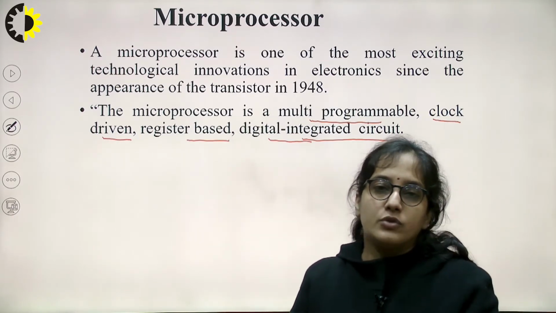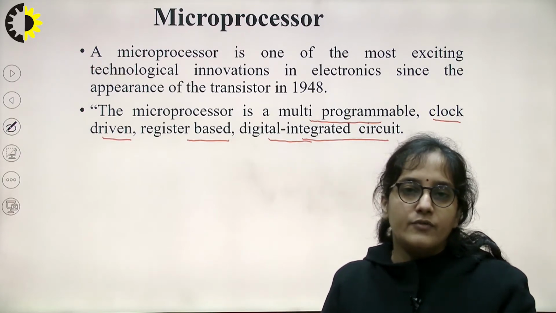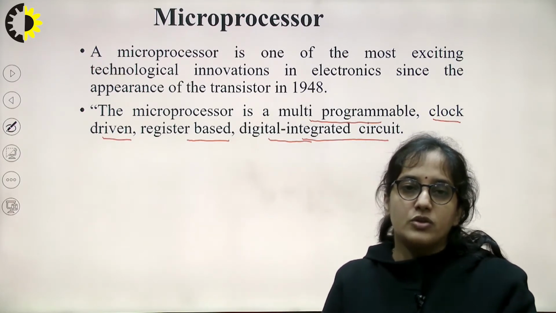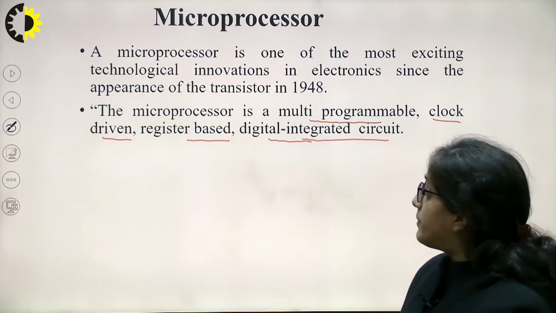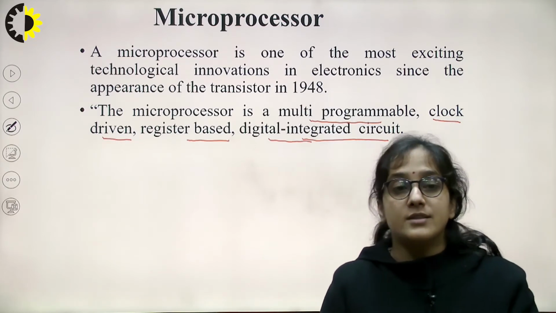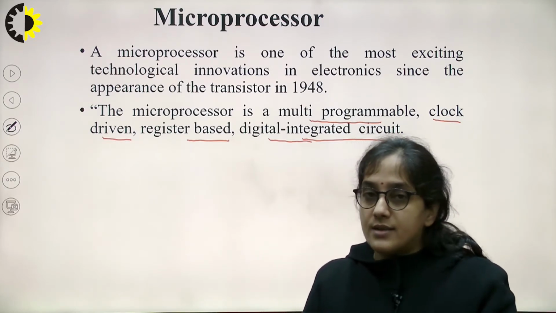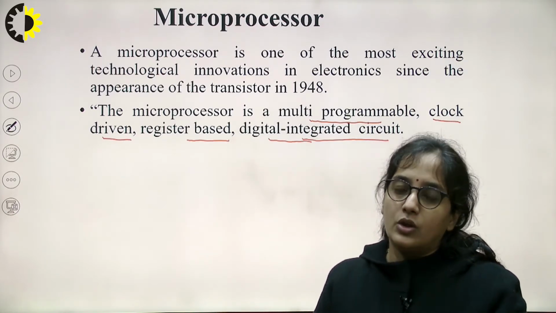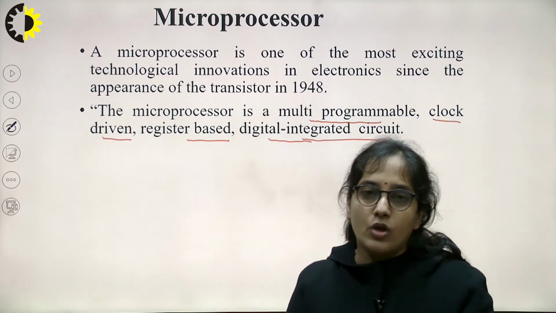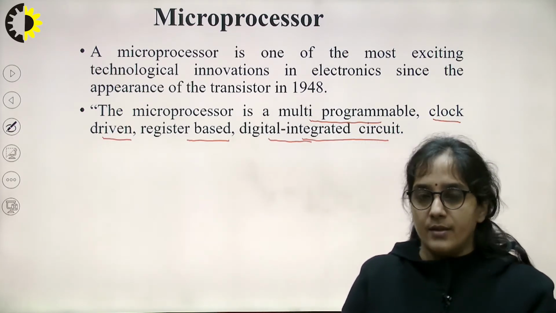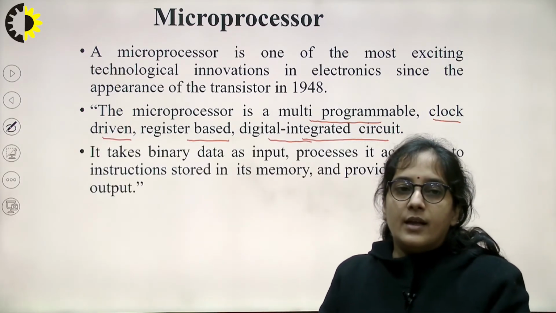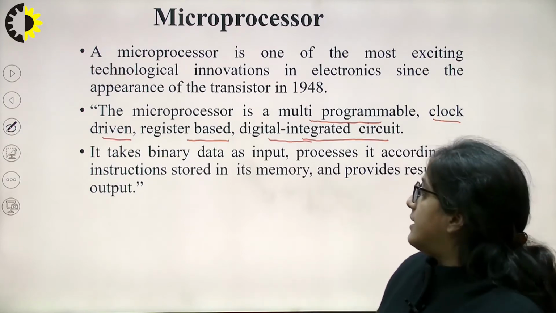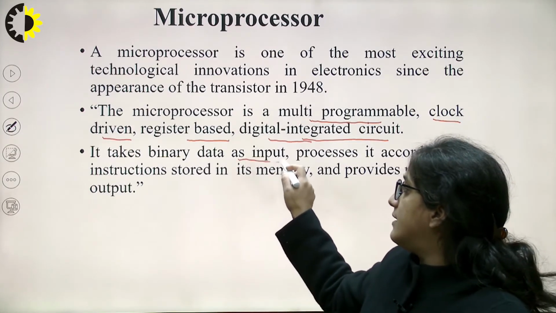So, if I have to break the definition, I first have to understand the programming part of the microprocessor. I have to understand the register which is required to store the data, and also the clock, how this clock is applicable for this microprocessor. As I told you, it needs binary data.